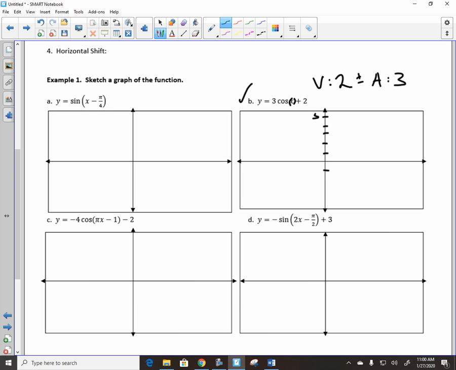So I have 5 and negative 1, and I have that vertical shift of positive 2. Everybody okay with that? I draw this axis to just show where I rotate off of.